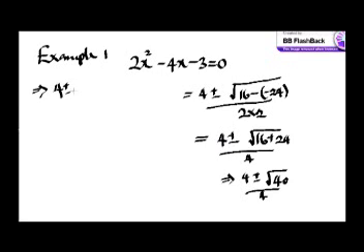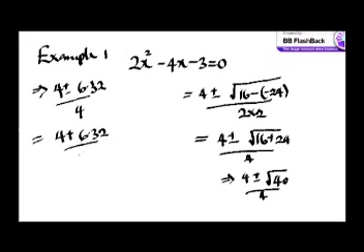Alright, here I'm going to have 4 plus or minus square root of 40, which is 6.324. Well, I'll take it as 6.32 to 2 decimal places, all over 4. And that becomes 4 plus 6.32 over 4, or you have 4 minus 6.32 over 4.